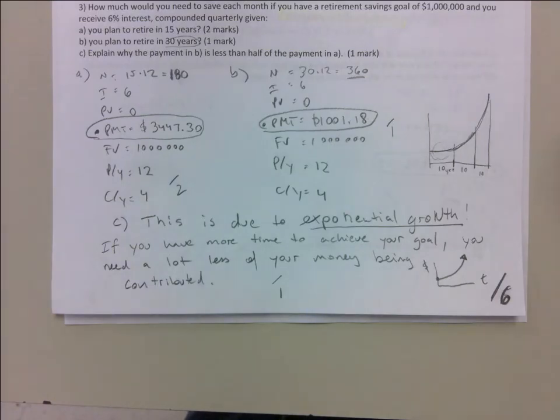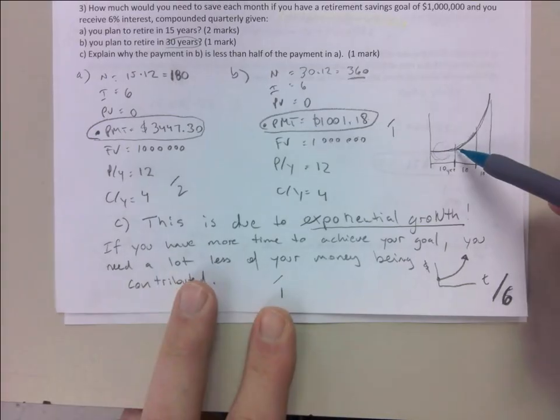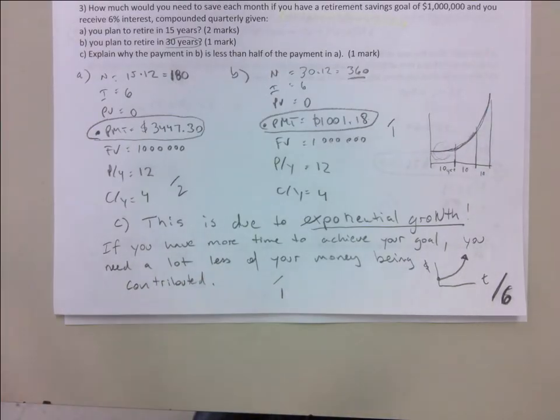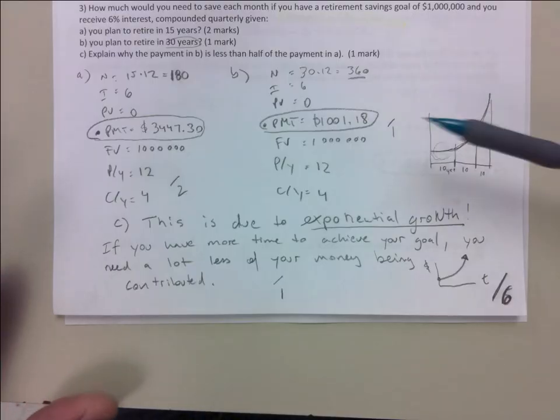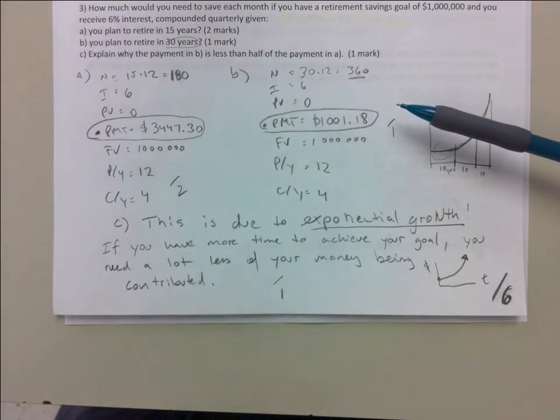So the longer you have, the better off you are, because most of this growth is going to be interest that the bank gives you. They pay you to save. That's the way to go, guys. You don't want to just make your money off of your time.